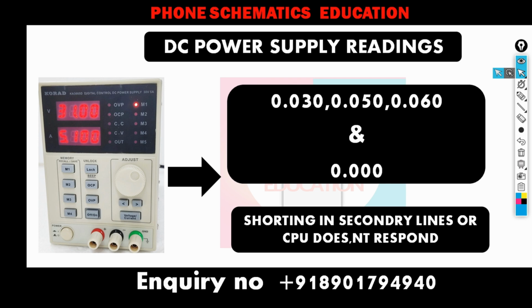Remember, when the CPU properly responds, then the power IC holds all the voltages, the buck voltages and LDO voltages. But if the CPU does not respond, or there is any shorting or leakage, the power IC generates the voltages and then shuts down automatically, thinking something is wrong on the circuit, right? Now, next.